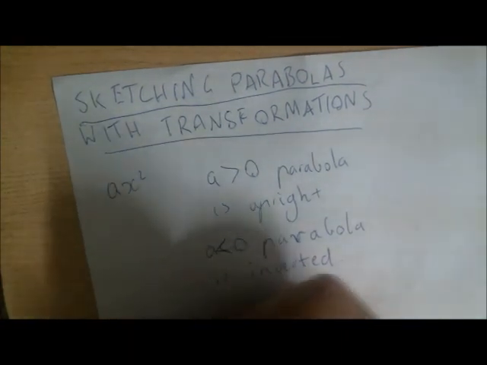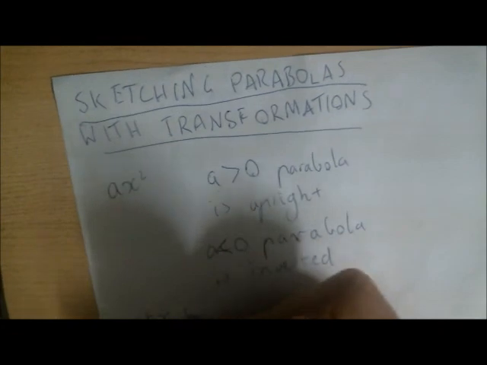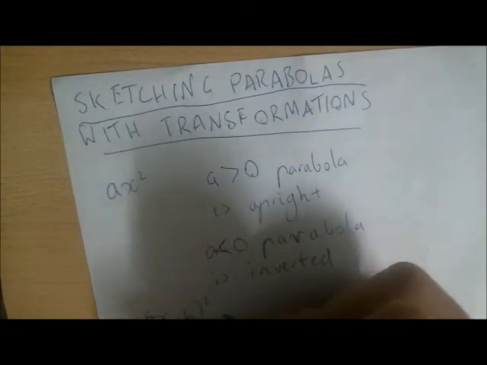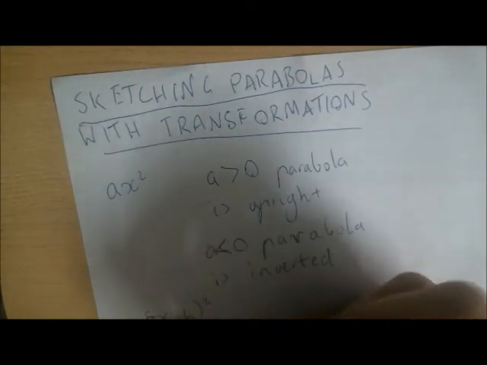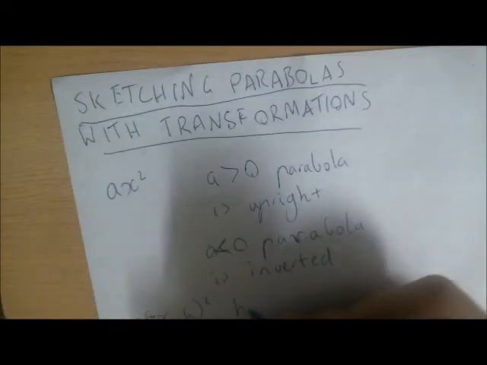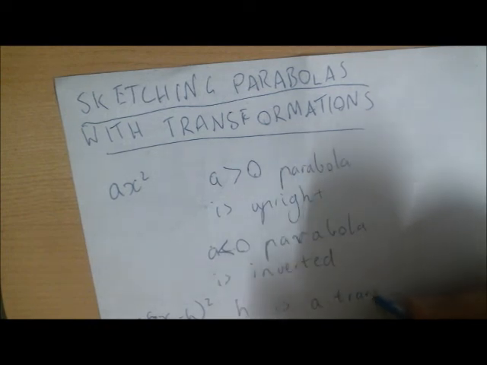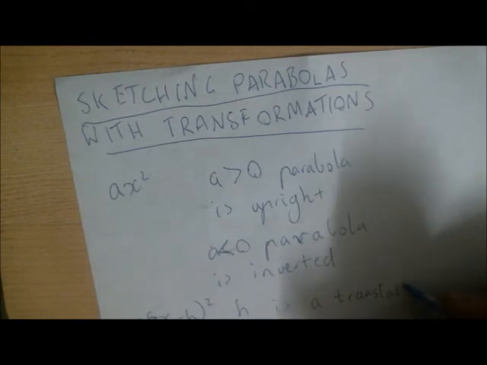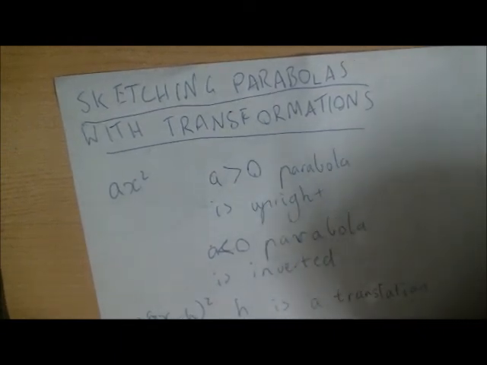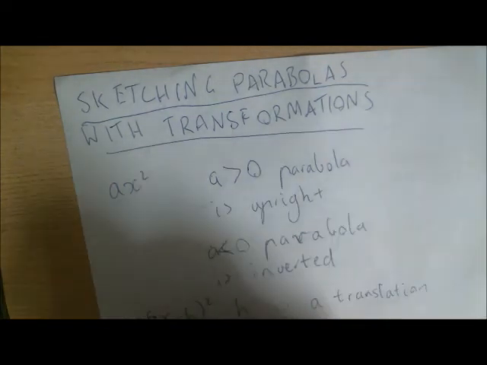So for y equals (x minus h) squared, h is a translation horizontally.